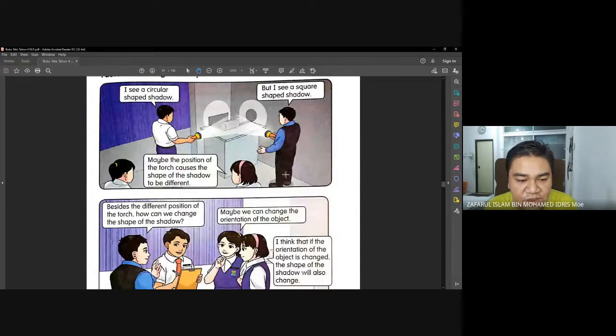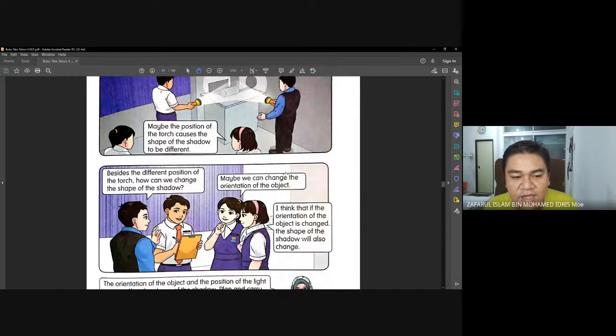Kita nak buat aktiviti ni tak boleh, look. The second situation, beside the different position of the torch, how can we change the shape of the shadow? Maybe we can change the orientation of the object.